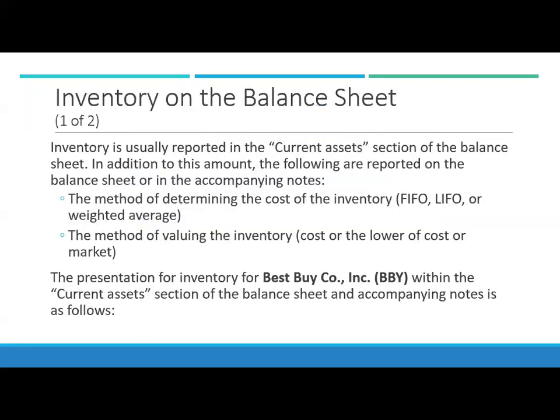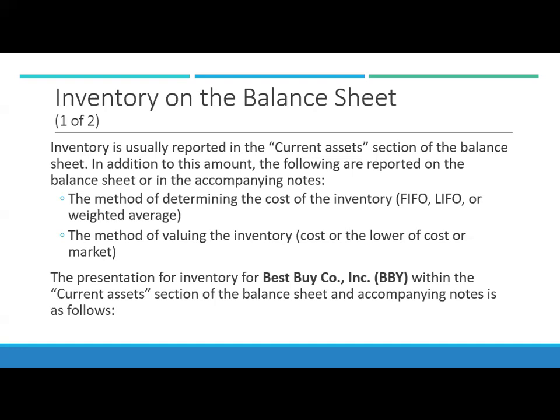So, reporting inventory on the balance sheet. It's a current asset, and that means it's going to be converted into cash within a year. The notes to the financial statements say how this inventory was valued: FIFO, LIFO, or weighted average cost.